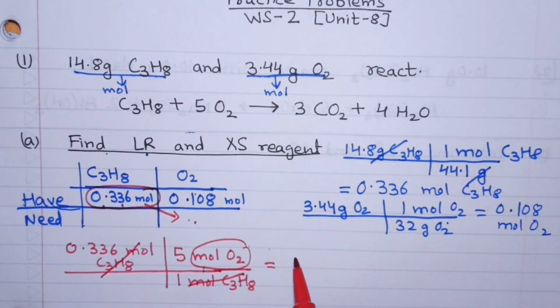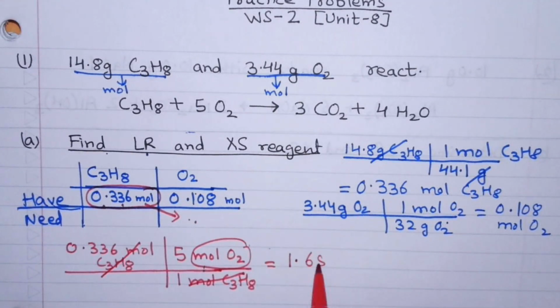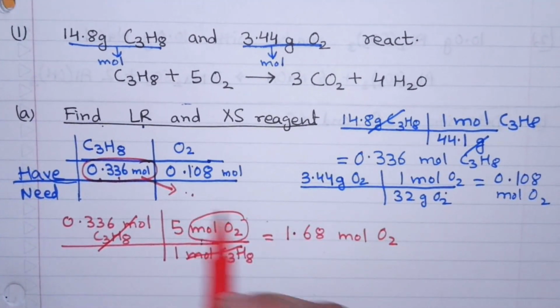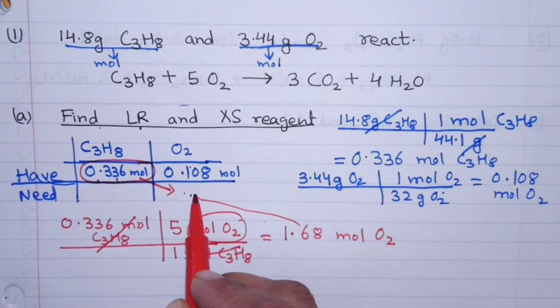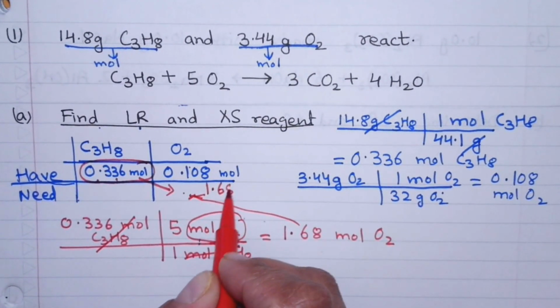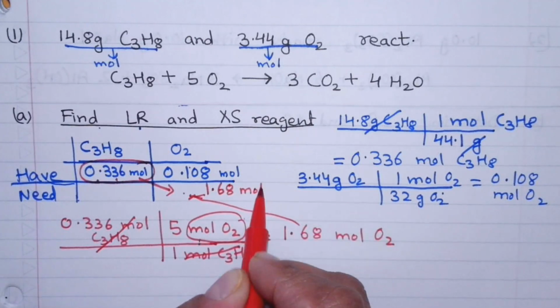If you solve, you will get 1.68 moles of O2, right? So I'm going to put that number here. We have 1.68 moles of O2.